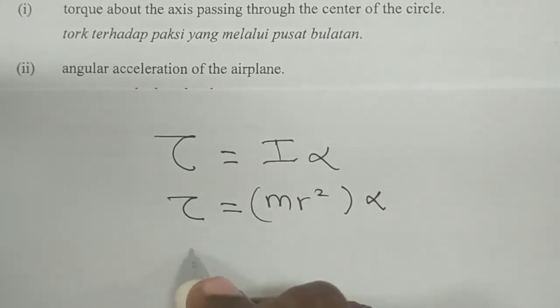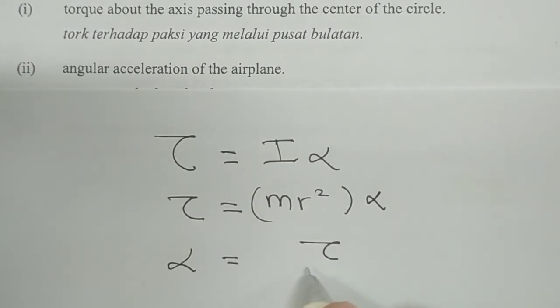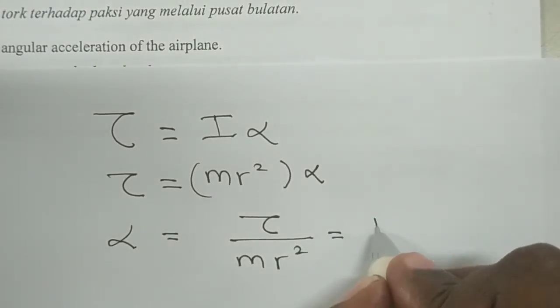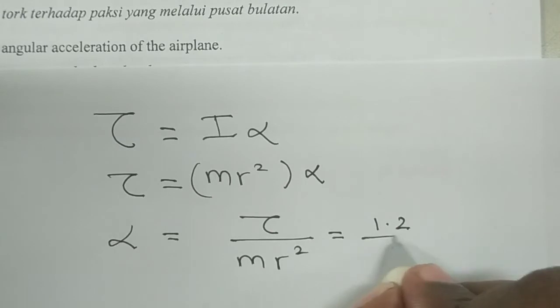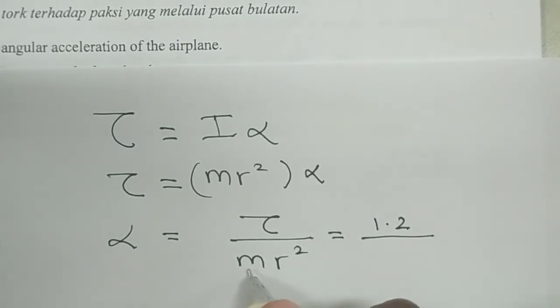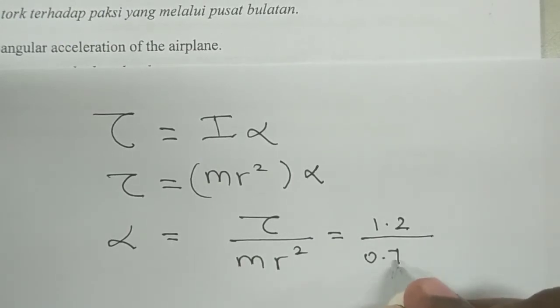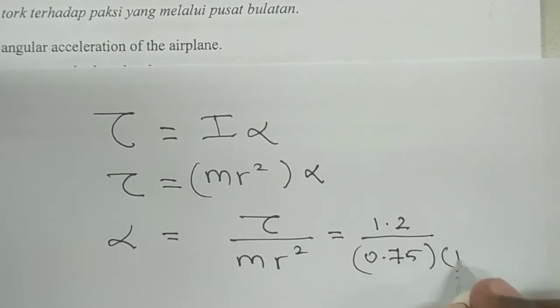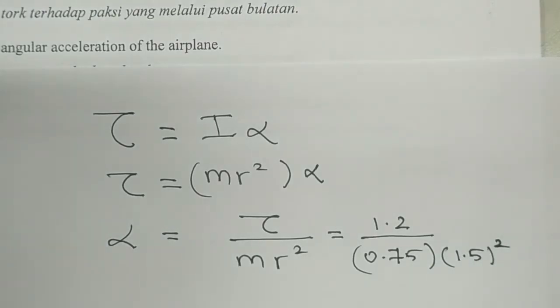Alpha equals torque over m r squared, equals torque 1.2 Newton meters over the mass of the airplane 0.75 kilogram times the radius of the circle 1.5 meters squared. Answer is 0.71 radians per second squared.